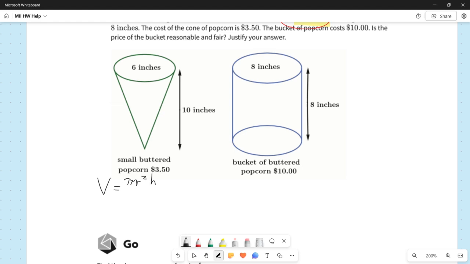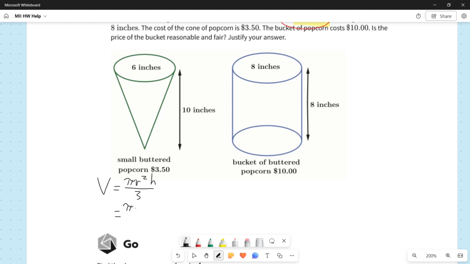If we left it like that, that would be the volume of a cylinder with these exact measurements. But because it's a cone, we have to divide by 3. So that's our general formula. Let's go ahead and plug it in.